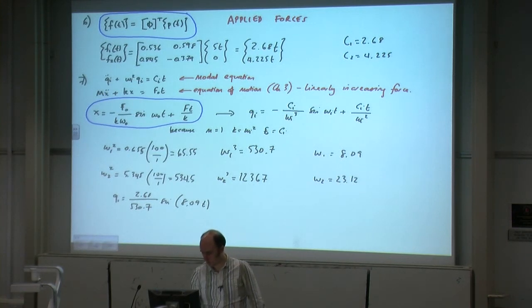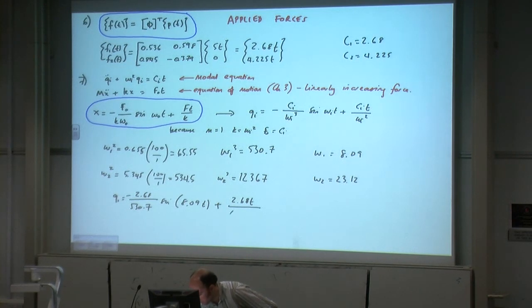So that's where omega 1 comes from, because if you square root that, you get that. And then we have plus, there's a minus sign here. And then we've got omega squared, so 65.55. There's the equation for Q1.